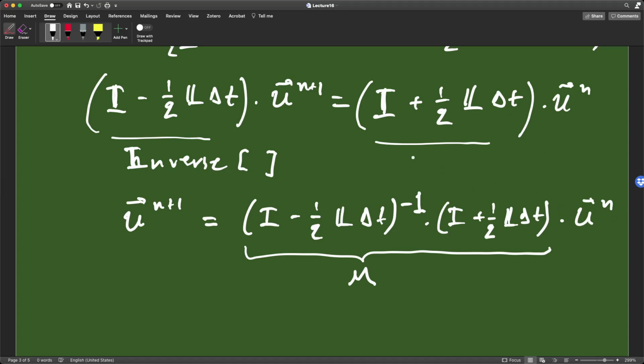However, if we use finite difference methods, then the matrix L is sparse, which means that the unit matrix plus this term will be a sparse matrix, and the same is true for this matrix on the left-hand side. But if we invert this matrix on the left-hand side, the inverse, which is going to be this term, is not going to be sparse anymore. It's going to be a full matrix. And so this matrix M is not going to be sparse anymore.